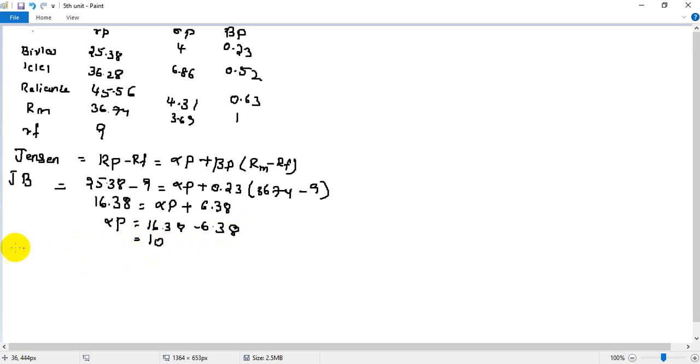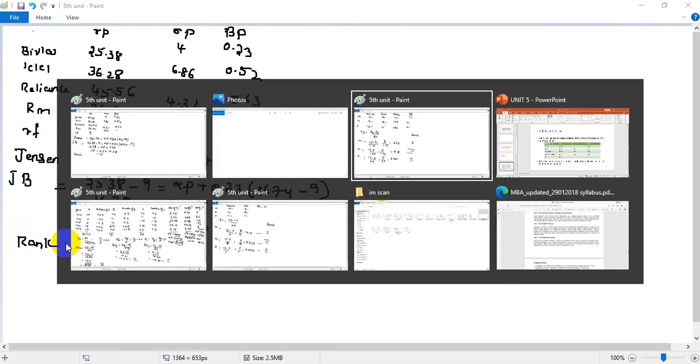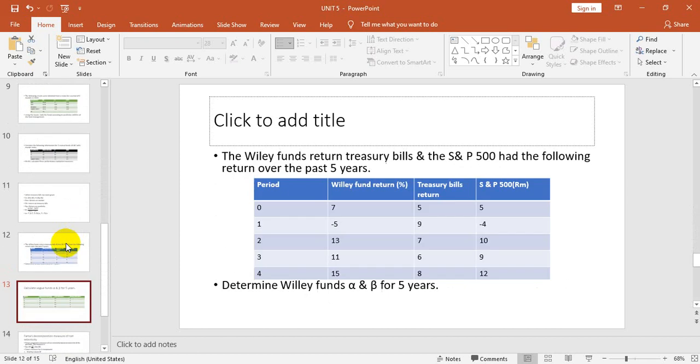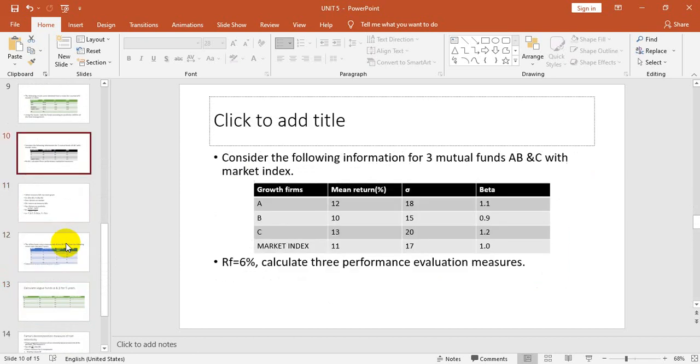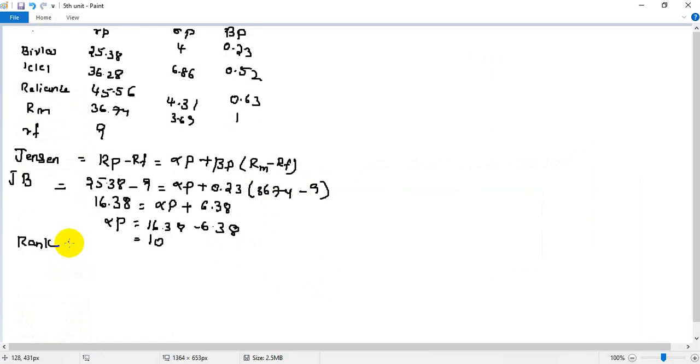Now how you are going to rank is what I told you in the formula: alpha P by beta P. Alpha P divided by beta P of the same company.